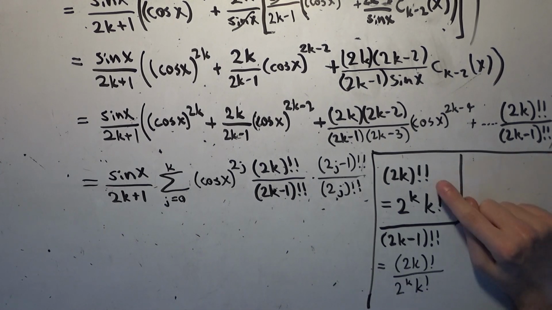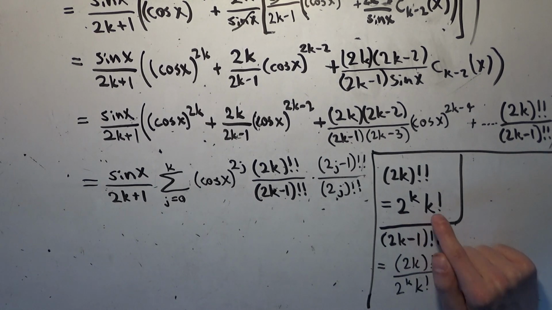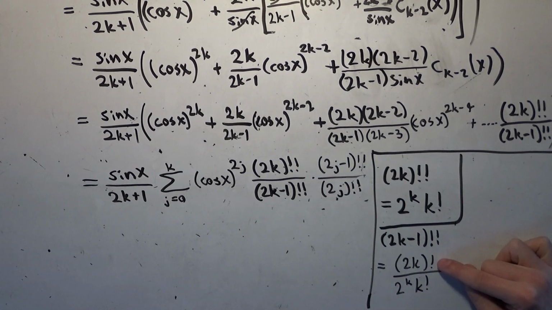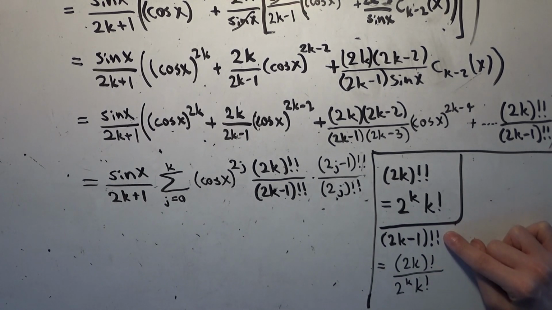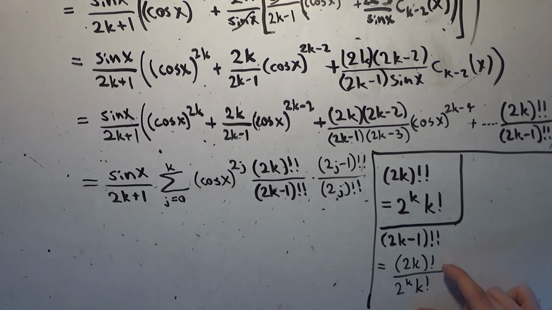Well, the bottom is just 2k double factorial, right? 2k double factorial is 2 to the k times k factorial, which is what we have in the bottom. But remember, that's a product of all the even numbers from 2 up to 2k. And since 2k factorial is a product of all the numbers from 1 to 2k, if we only divide by the even ones, we must end up with a product of just the odd numbers, which is why this is the same as 2k minus 1 double factorial.